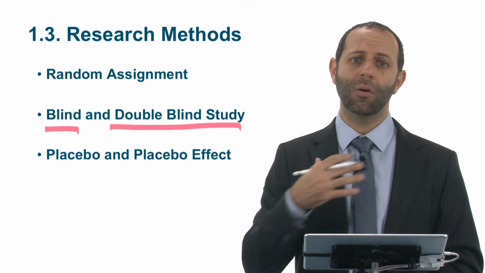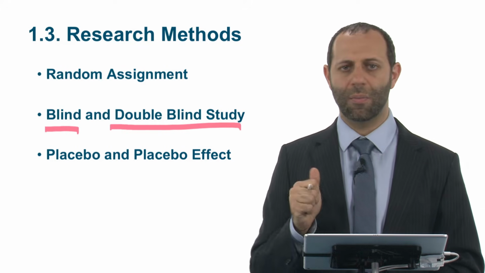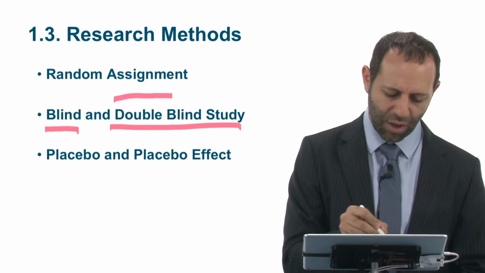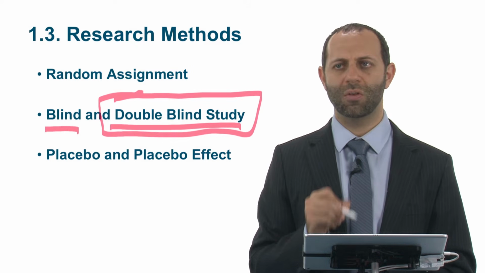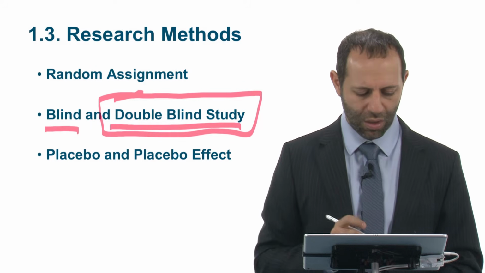So both myself as the experimenter and the person receiving the medication are blind. We refer to this as the double-blind study, where neither party knows what they are receiving. And this leads to a more pure research study.